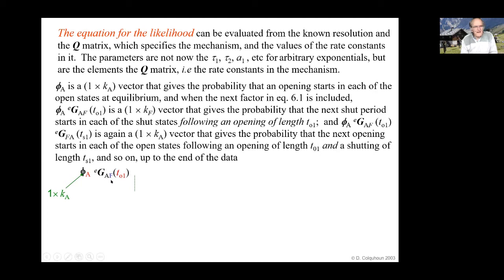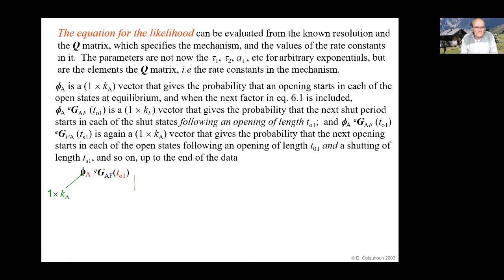We multiply that by the GAF of the first open time. This gives the probabilities corrected properly for the fact that we're missing short openings. That's what the E bit there specifies.